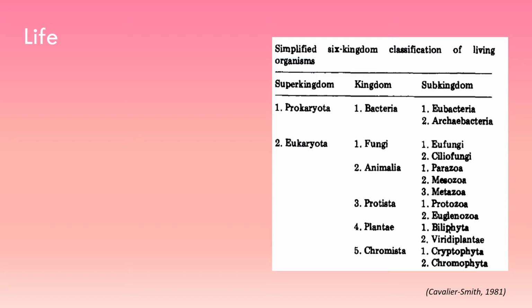We respond to a T-Rex charging at us, for example. All living things grow, they evolve, they have some kind of metabolism, and importantly for us, particularly in terms of your studies for the rest of the year in human physiology, all living things are made of cells.